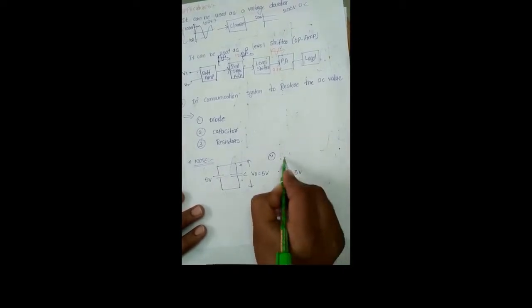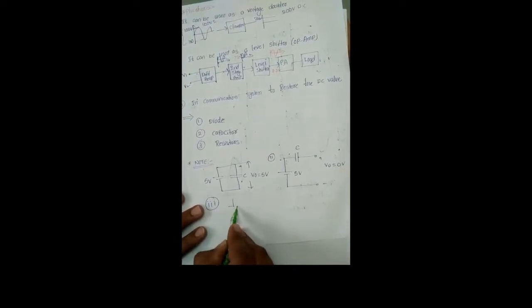This is a 5 volts DC, and in series we connect one capacitor, and here we want to obtain the output. In this circuit, what is the output voltage? Vo equals 0 volts, because this capacitor blocks the DC voltage.